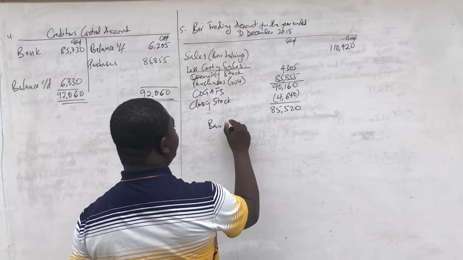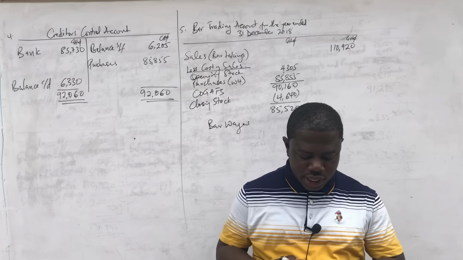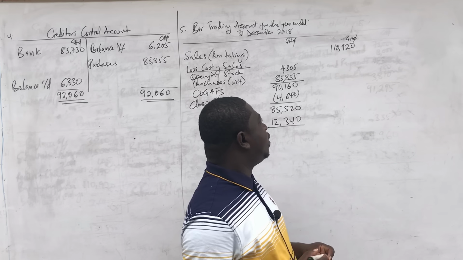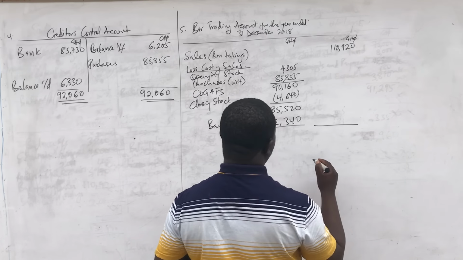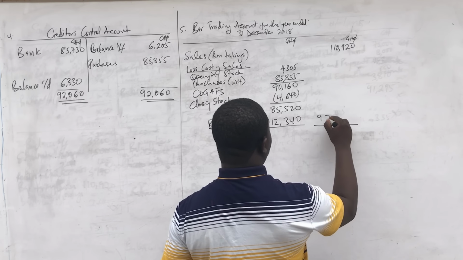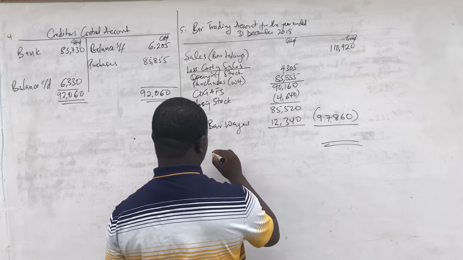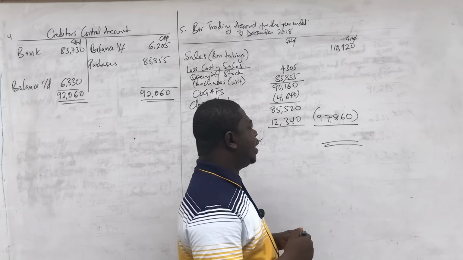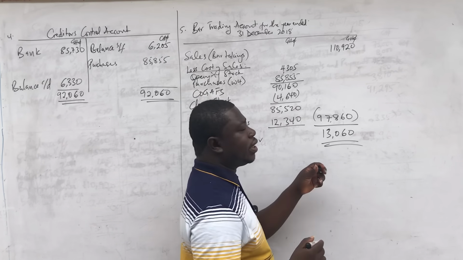So we'll just add it straight away instead of taking it as an expense. Bar wages, and from the question, the bar wages figure is 12,340. So when we add the bar wages to this, then we have our cost of sales, which is 97,860. And then we'll take it out to get our profits on bar. And in this case, the bar profit will be 13,060.